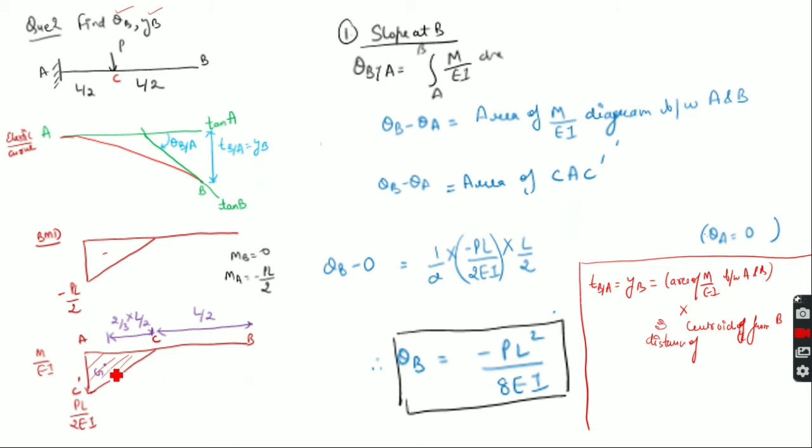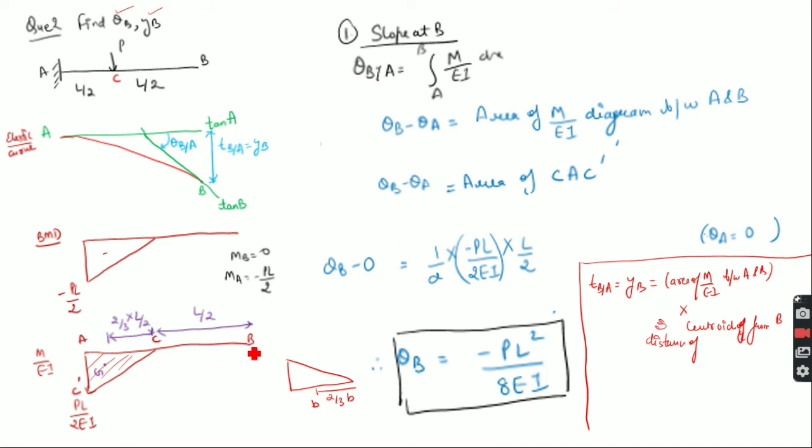So see in this triangle, the CG is located at this point. So we know from the CG of triangle that this should be 2 by 3rd of the base of the triangle, right? So if this is a triangle, this is the base. So this distance is 2 by 3rd of the base, so it will be 2 by 3rd of L by 2.